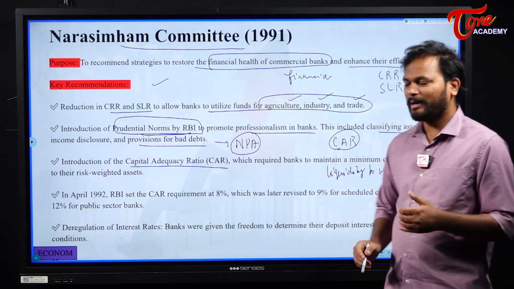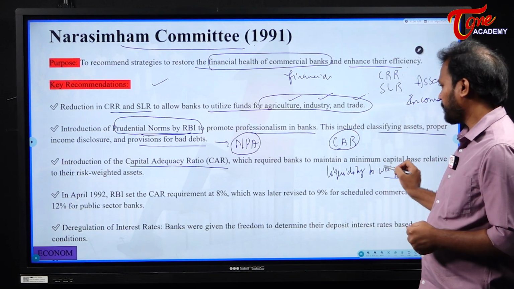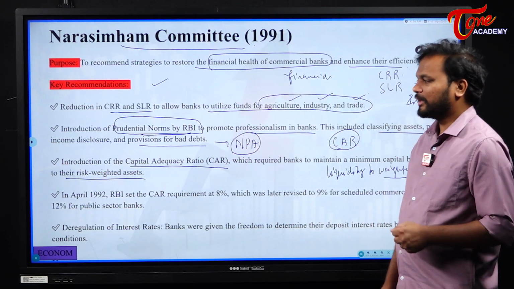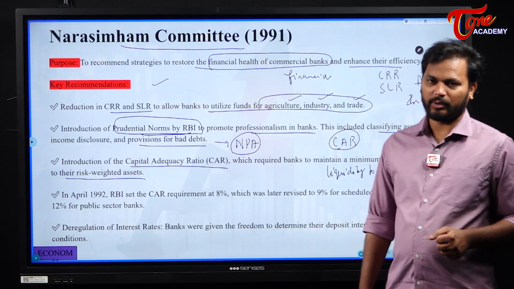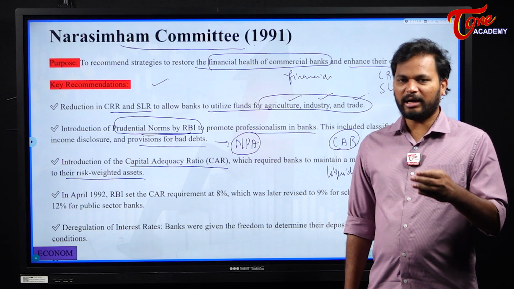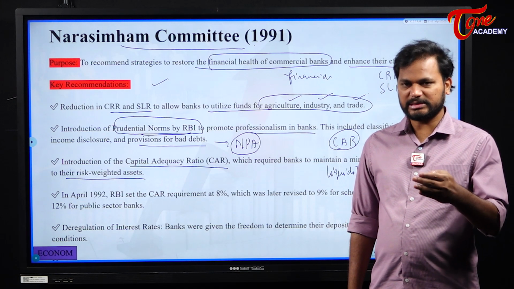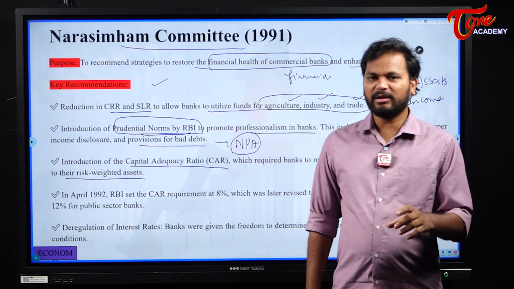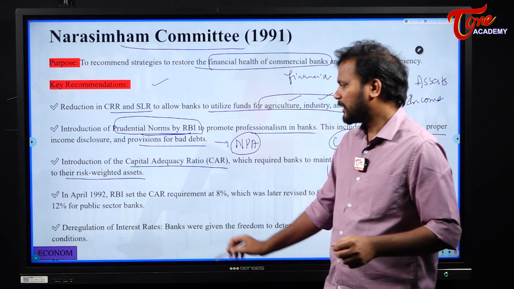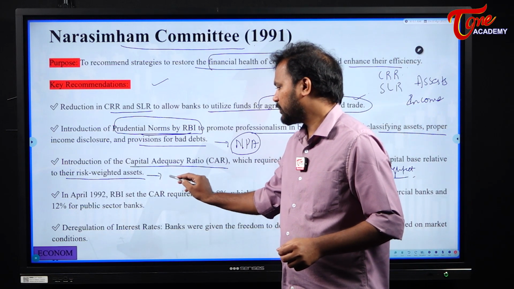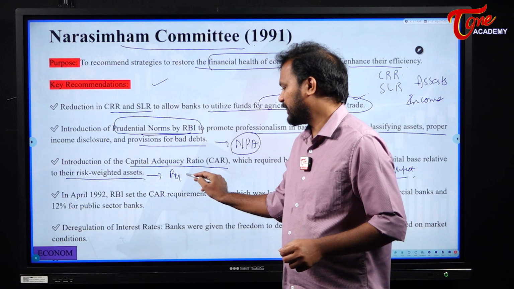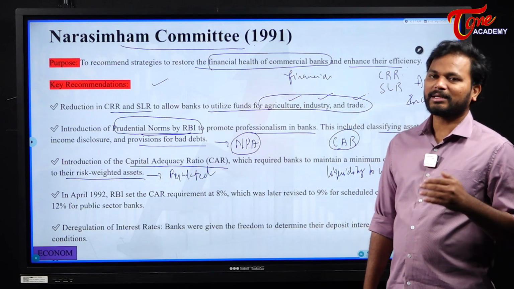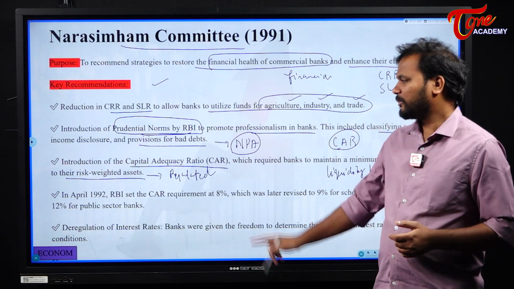The amount of capital that you have in proportion to the risk-weighted assets. The banks need to have enough liquidity with themselves so that things can be regulated. If there is any crisis in the banking system, that crisis can be tackled by this.